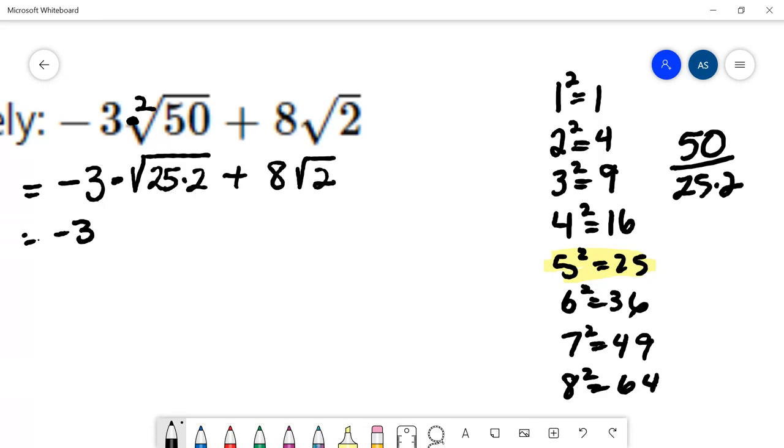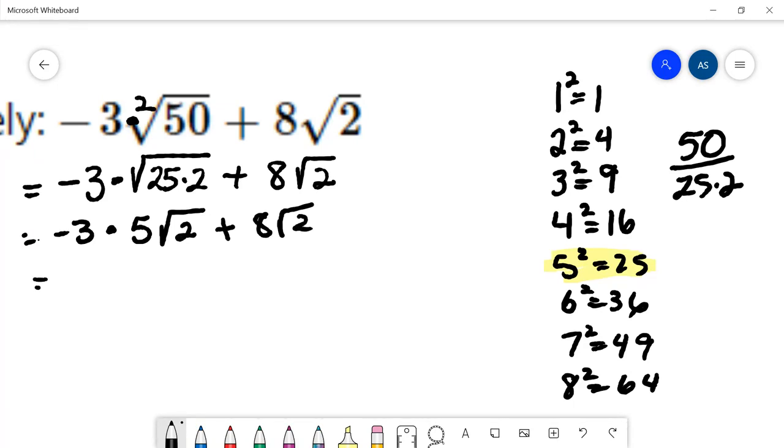And the square root of 25 is 5. We're going to multiply. We're carrying that operation of multiplication down. And we leave the square root over the 2 because 2 is not a perfect square. We weren't able to simplify that part.